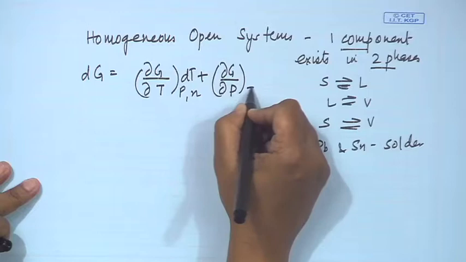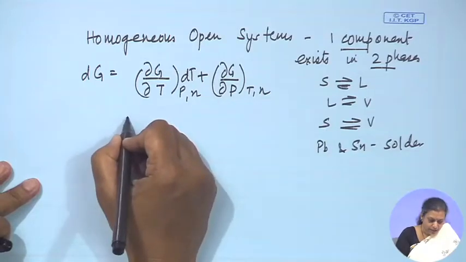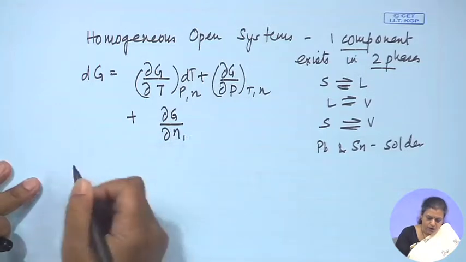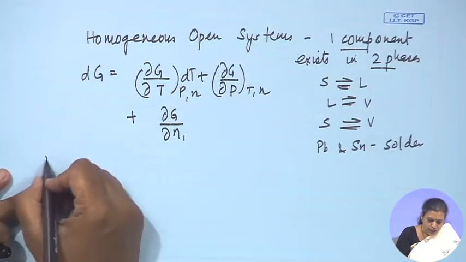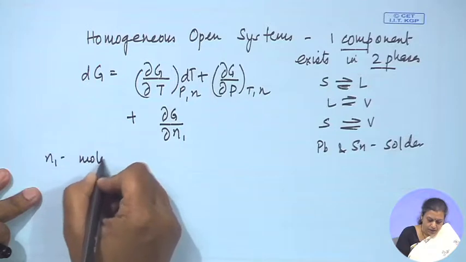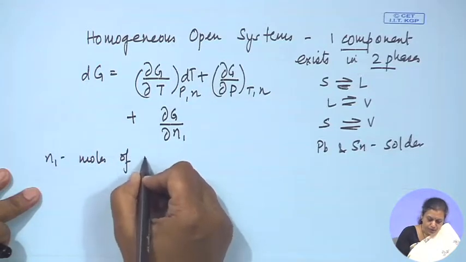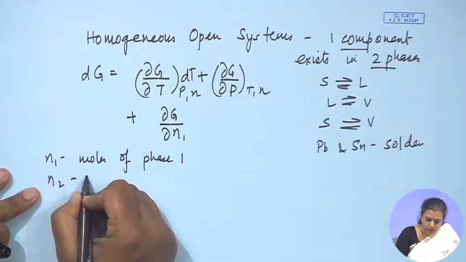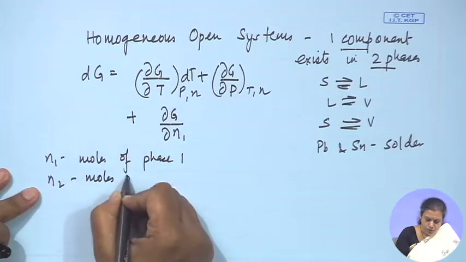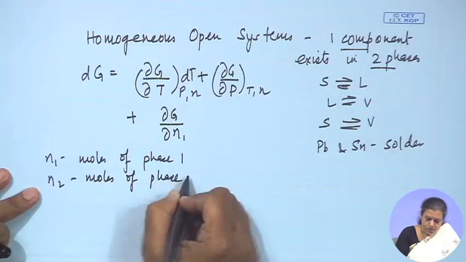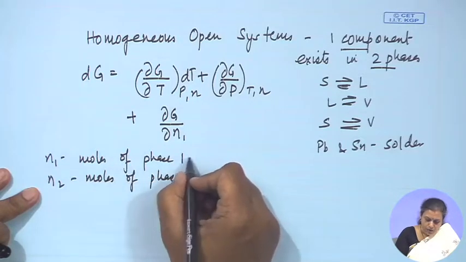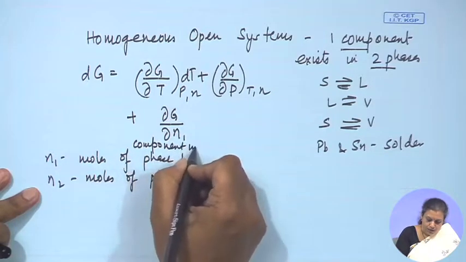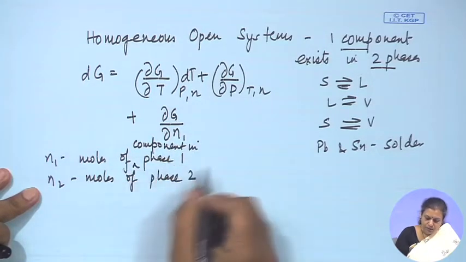I have written it down several times in the last class, plus (del G del n1), where I would like to remind you that n1 is the number of moles of the component in phase 1, and n2 is the moles of the component in phase 2.